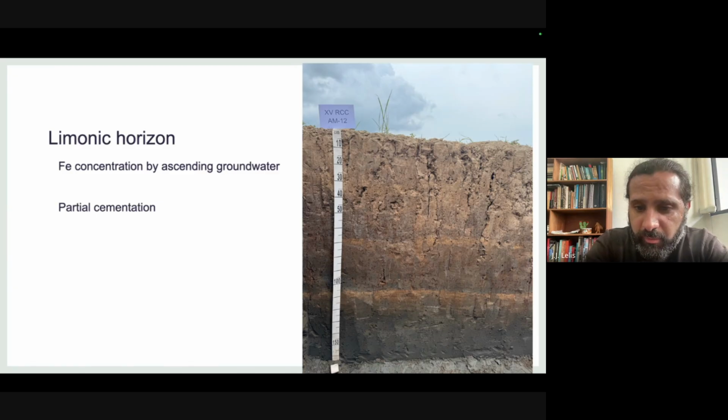So some groundwater that is at a water table level in a very deep horizon can ascend, especially in dry climate conditions, and this could bring some iron and create, as you can see here, these reddish or yellowish horizontal horizons, these colors that express some concentration of iron by ascending water.